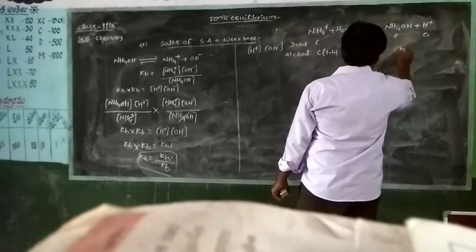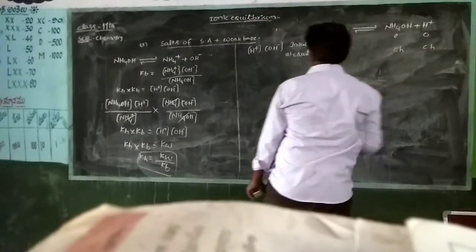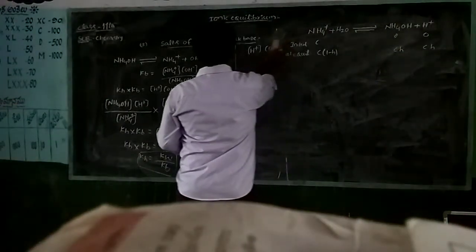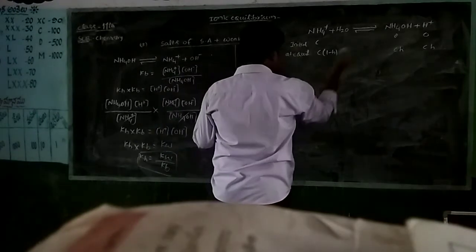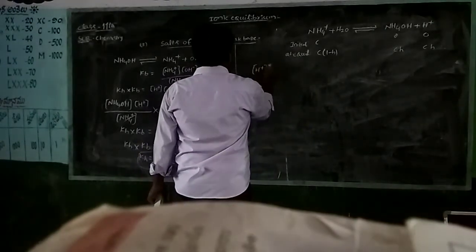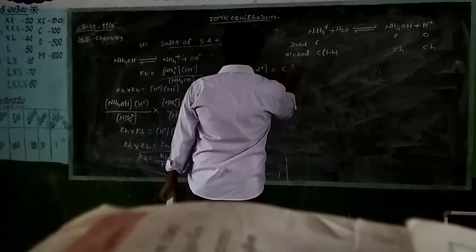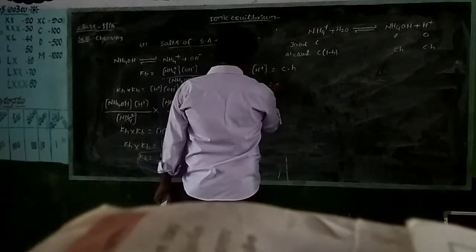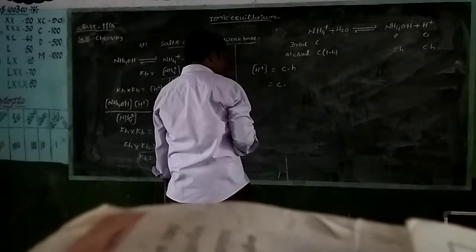This is the Ch. This is the Ch. Okay, H plus concentration already given. H plus concentration is equal to C into h.